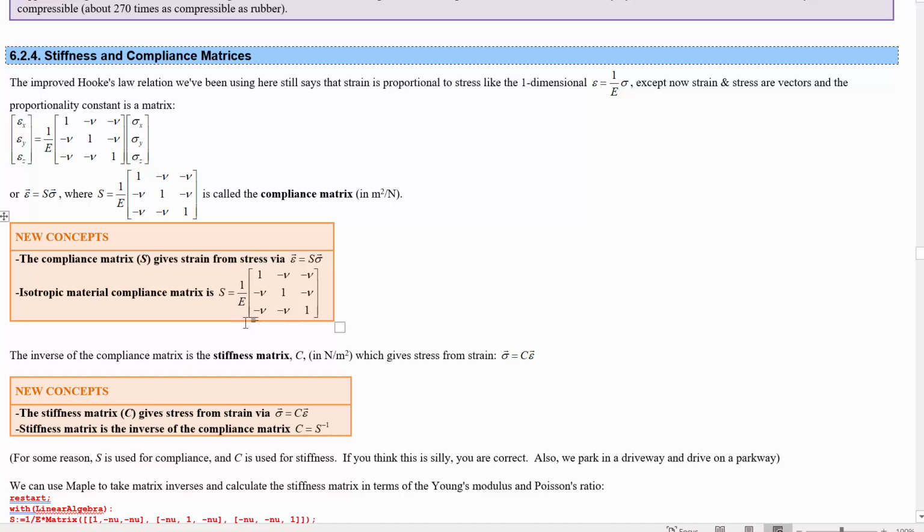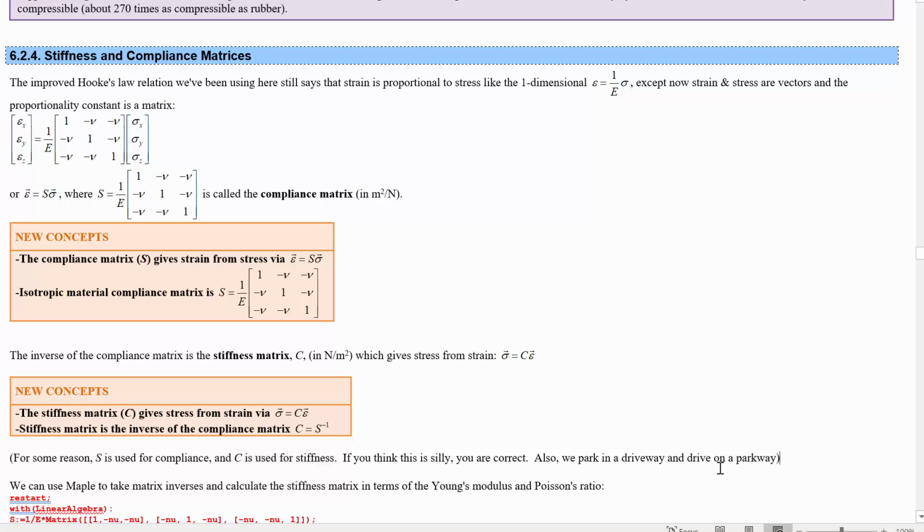It turns out this is invertible, and you can find the stress, if you know the strain, by left multiplying the strain vector by the stiffness matrix, C. Yes, for some reason, S is the symbol we use for compliance, and C, therefore, is the symbol used for stiffness.